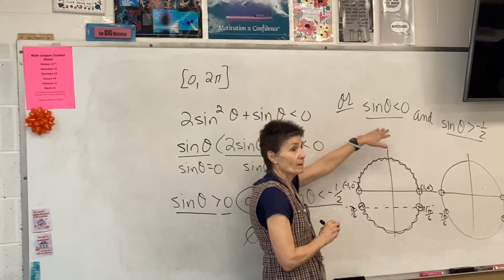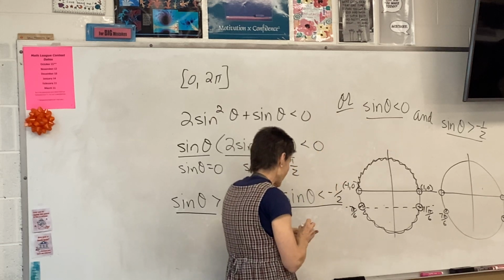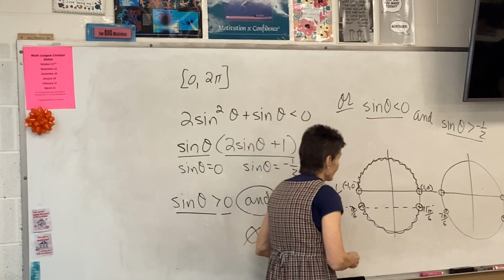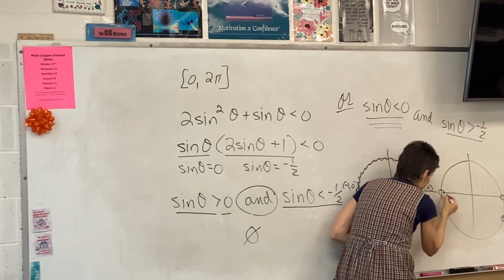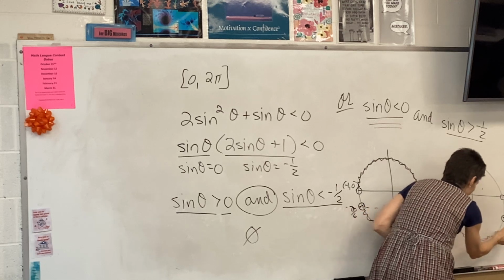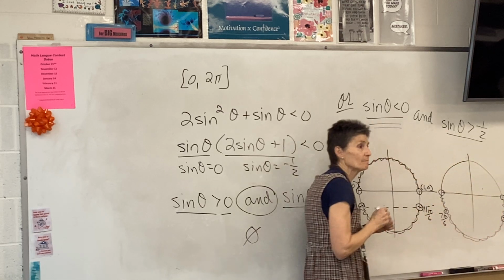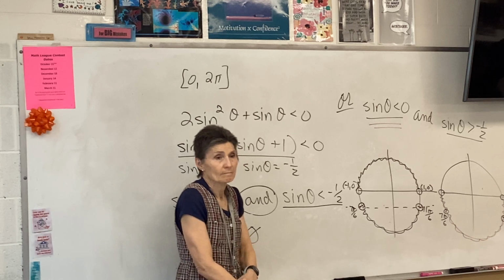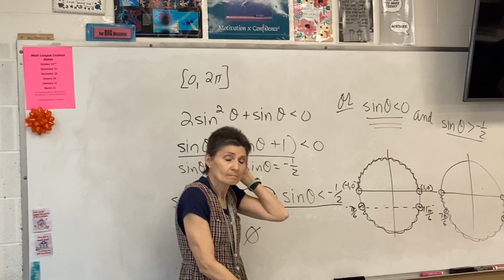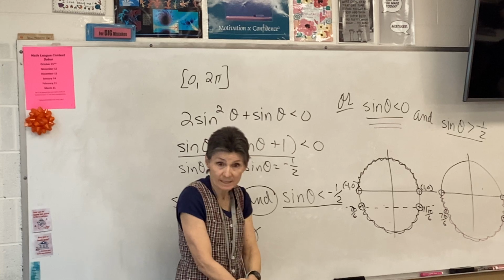This time I want to be less than 0. So I'm going to use my pink marker. And would you agree that this right here is my pink? Okay, that's where I'm less than 0 this time.